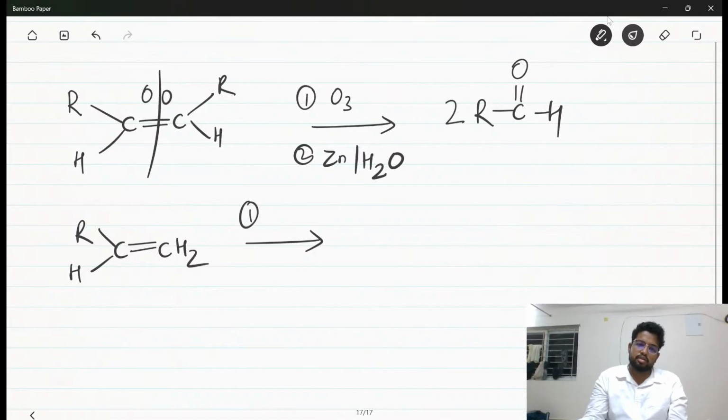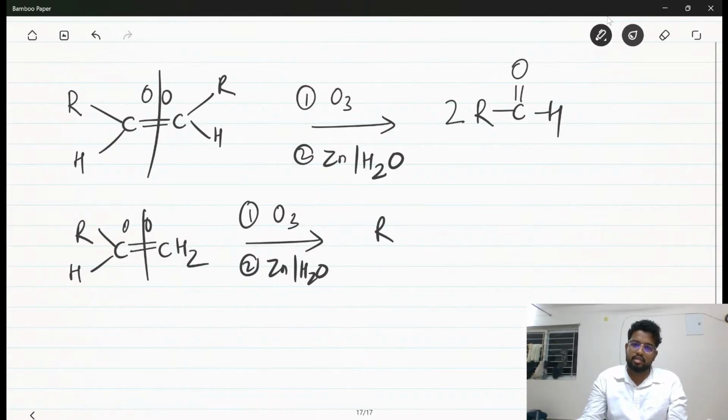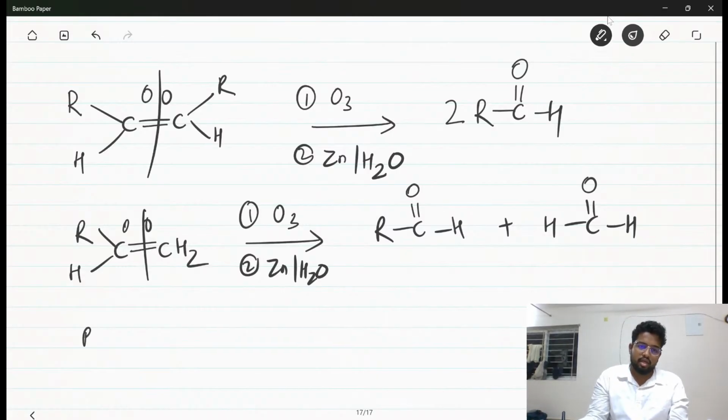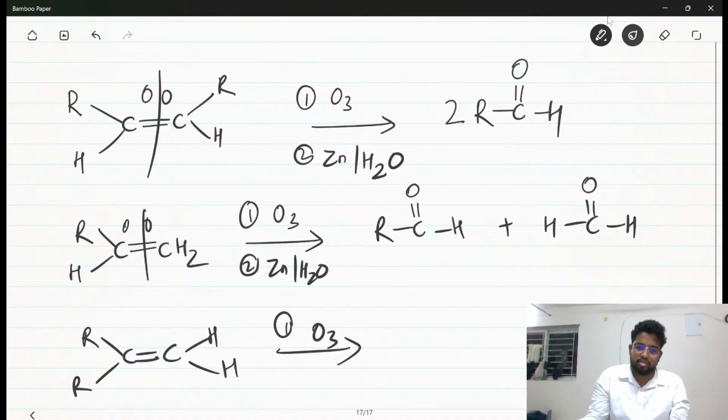what would be the product? If I start with O3 and zinc water here, R C double bond O H plus H C double bond O H. Now R C double bond O H H. Here you see what you are going to get, two different products.